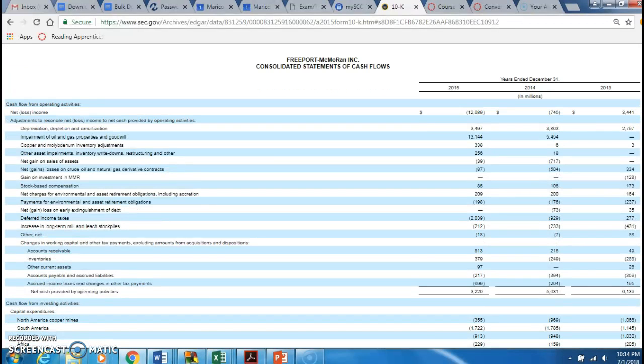All right, so let's go ahead and go back to the statement of cash flows, the first section. And we will see that the statement of cash flows shows this negative number, the net loss, for both 2015 and 2014 as reflected on the income statement. Now, the income statement is on the accrual basis and not the cash basis.